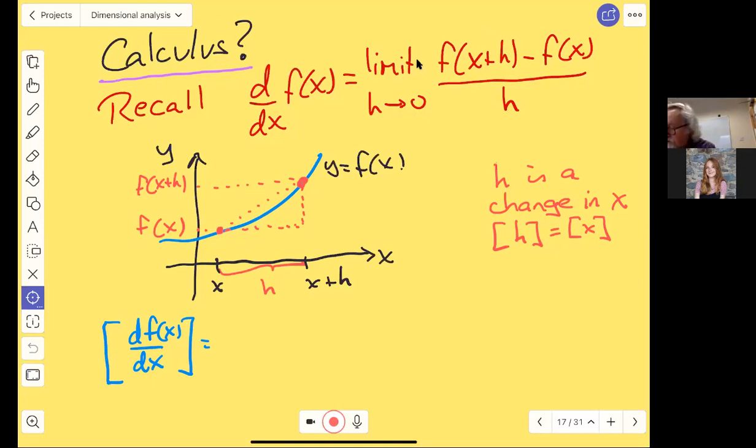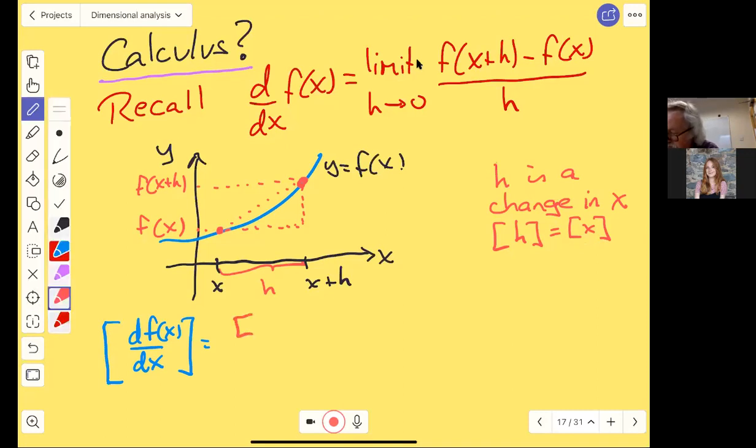So let's think of functions of the derivative. Well, h is a change in x, so the dimensions of h are going to be the same as the dimensions of x. F of x is some function which is going to have dimensions, whatever they are.